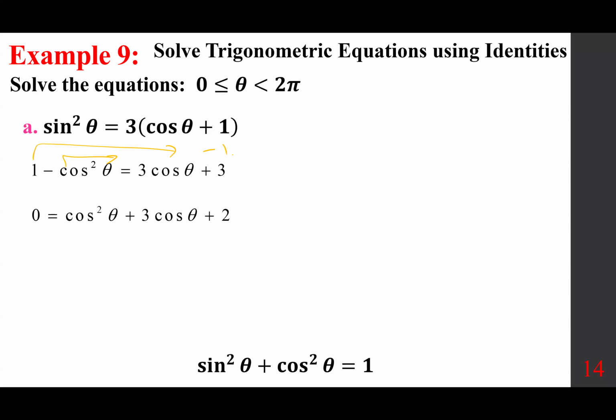And we are going to factor. This is easy because this is cosine and cosine. This is 2, we want two numbers whose product is 2 and whose sum is 3, so 1 and 2. Those are pretty simple, everybody.